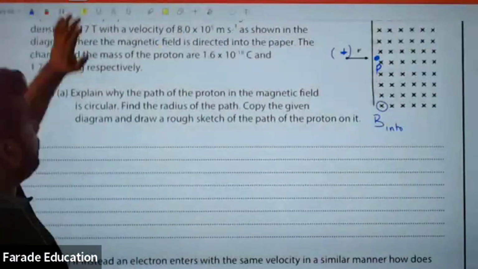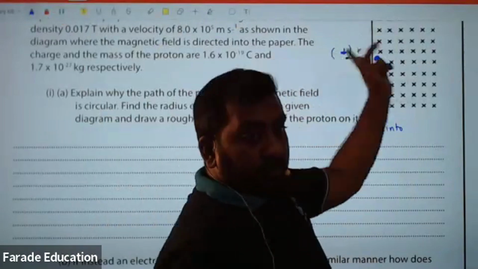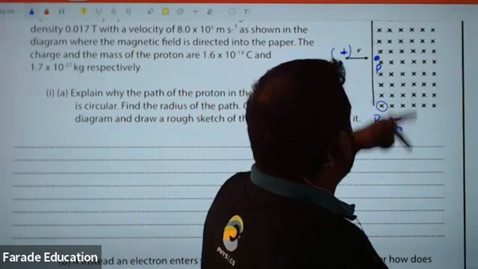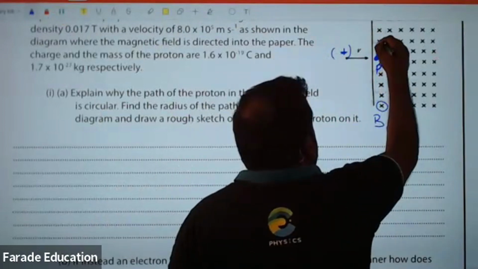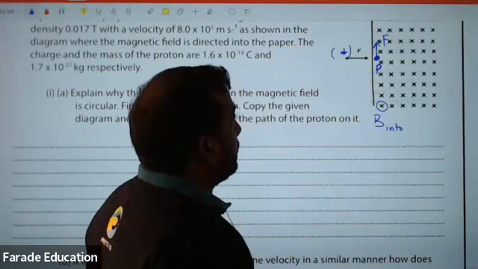Field inwards, positive charge going in that direction, current in the same direction: field, current, force. So here you will get the force acting in that direction.